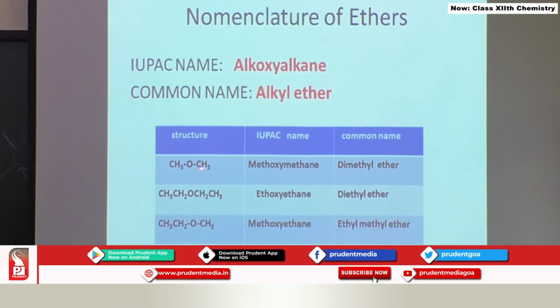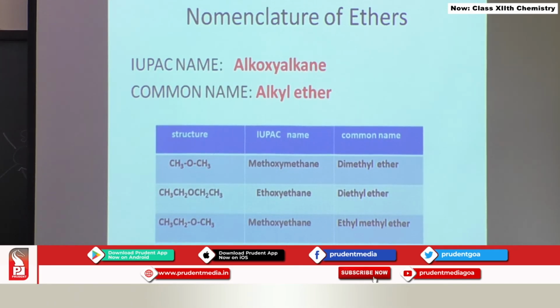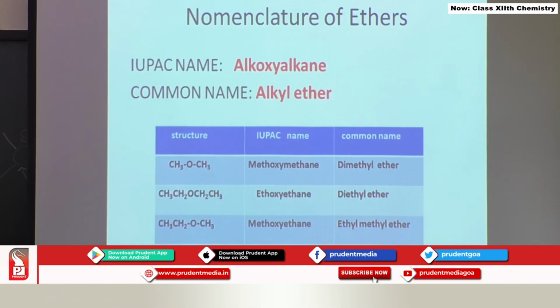I have taken some examples over here. We have to select one alkoxy part and another alkane part. If you are naming symmetrical ethers, you can join any alkyl group to the oxygen, it is not going to make any difference. So, here I have taken a symmetric ether. I can attach this CH3 to this oxygen, it becomes a methoxy group and the other part becomes methane.